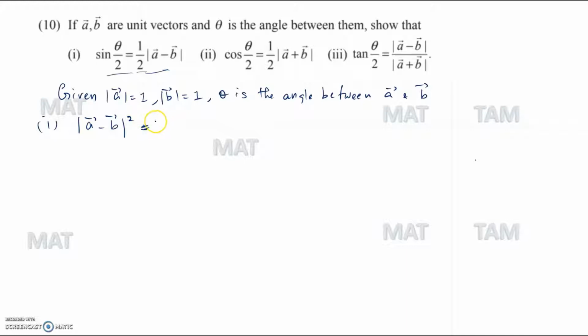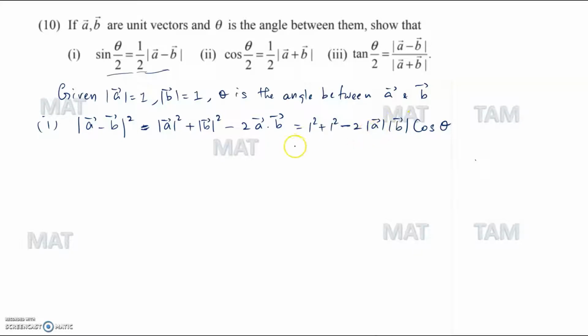So if we square it, we can write this as, from the property we have learned, mod A squared plus magnitude of B squared minus 2 times vector A dot product with vector B. Further simplifying this, our magnitude of A is 1 and this is also 1, so it is 1 squared plus 1 squared, minus 2 times magnitude of A into magnitude of B into cos theta, as theta is the angle between the two vectors.